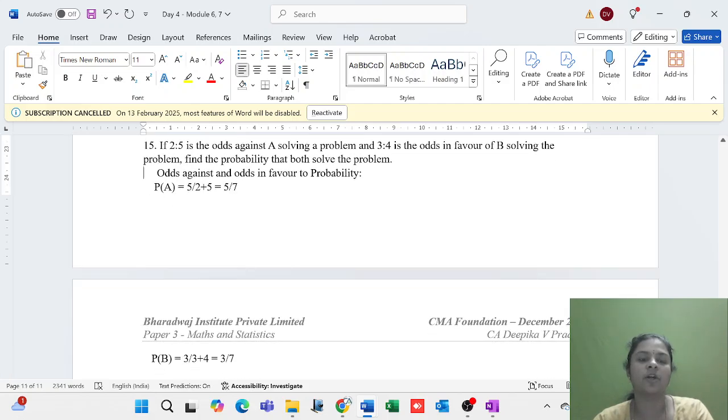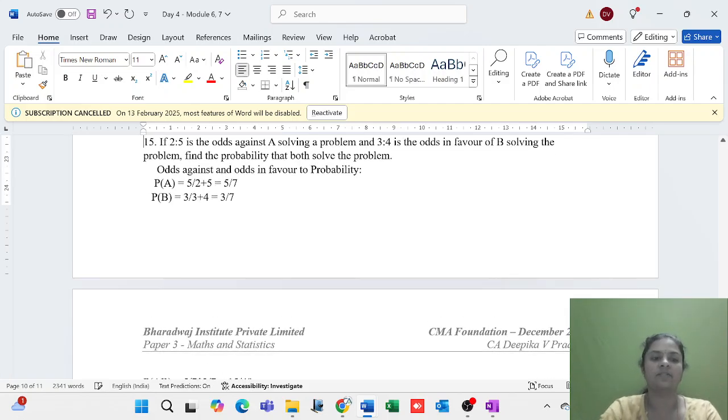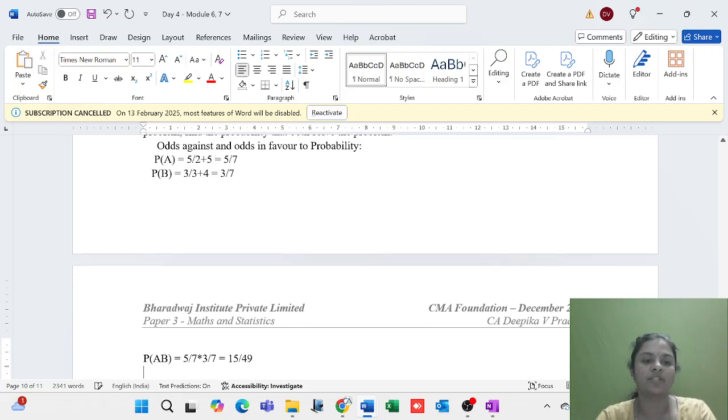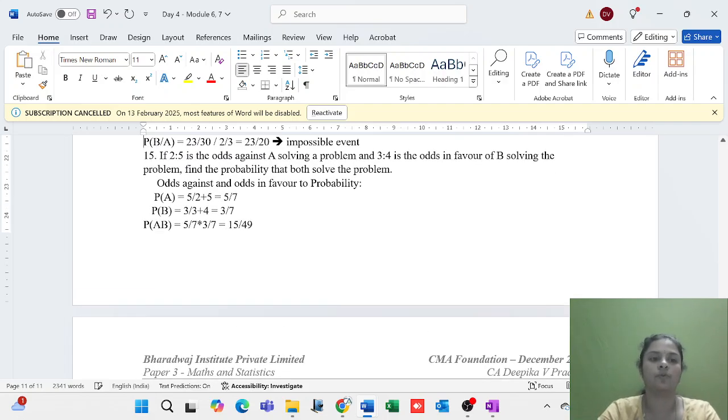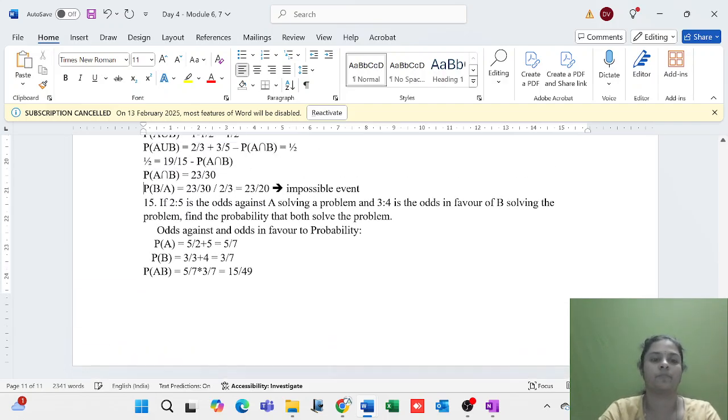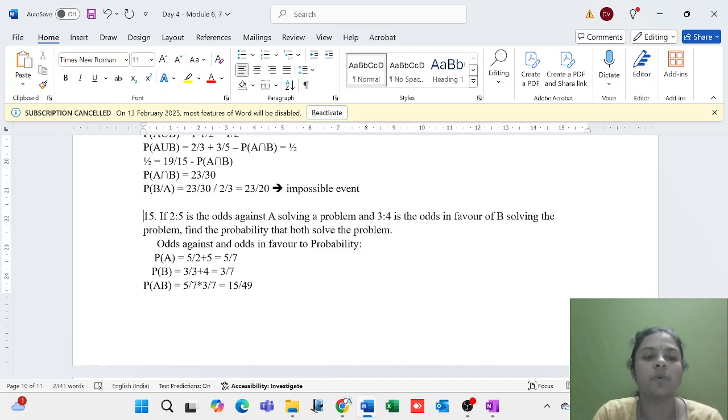And the last question is on odds against and odds in favor. So this sample question you can try on your own. We have just discussed this while doing the classroom example also. If 2:5 is odds against A and 3:4 is odds in favor of B, find the probability that both solve the problem.